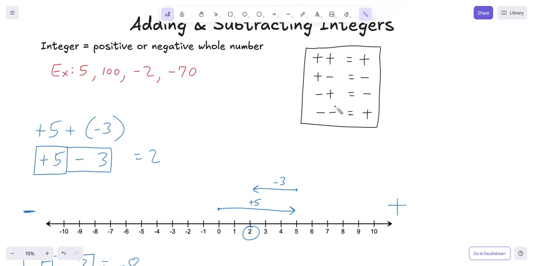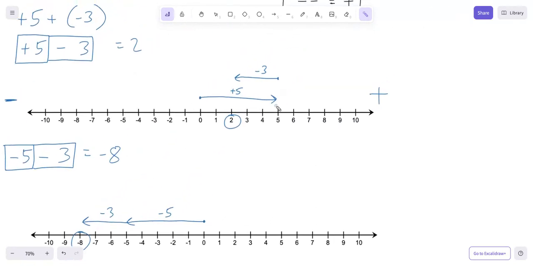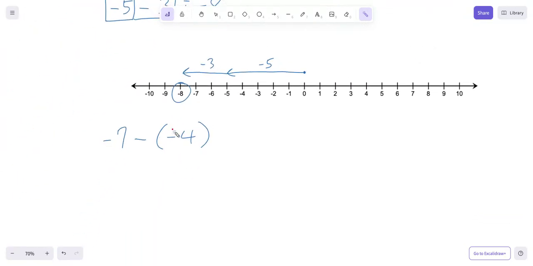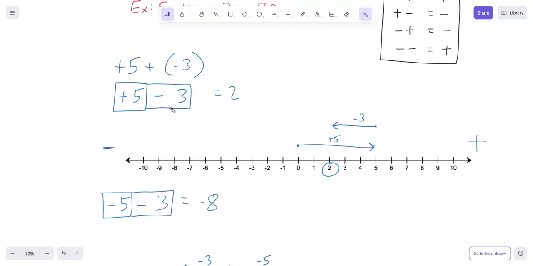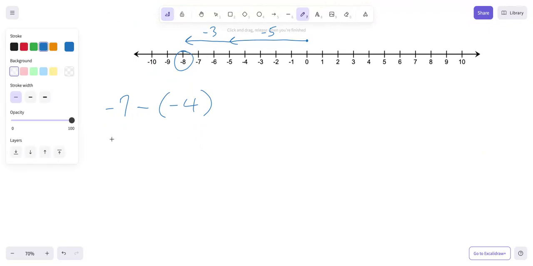When that's the case, we can look at the chart, but they're both negative, so the signs are the same, which means we can rewrite them as positive. If the signs are the same, combine those to be positive. If the signs are opposite, like it is here, then combine them to make it negative. So I'm going to rewrite this as negative 7, combine these two to be plus 4.